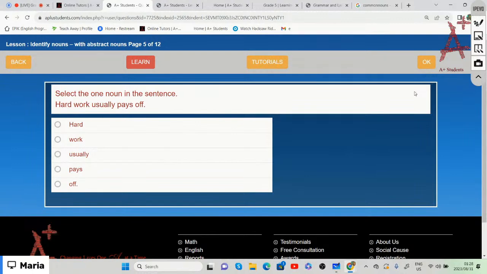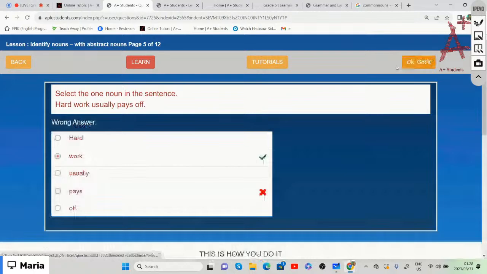All right, so if we choose the abstract noun within that sentence, hard work usually pays off, and then we are going to say, let's choose pays, right?